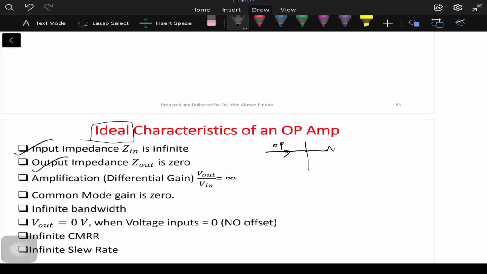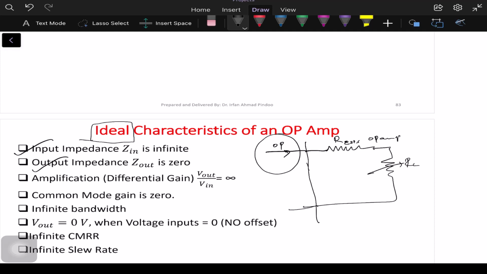The first part is the resistance of an op-amp, and the second one is the load resistor RL. Now what would we want? It is again the same point. We would want that whatever voltage is coming here should appear across the RL only. So there should not be any drop over here, right?